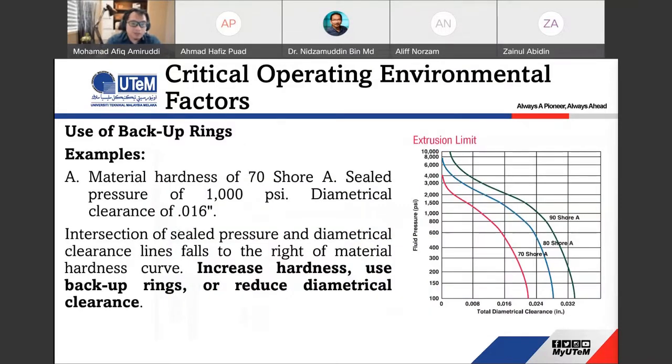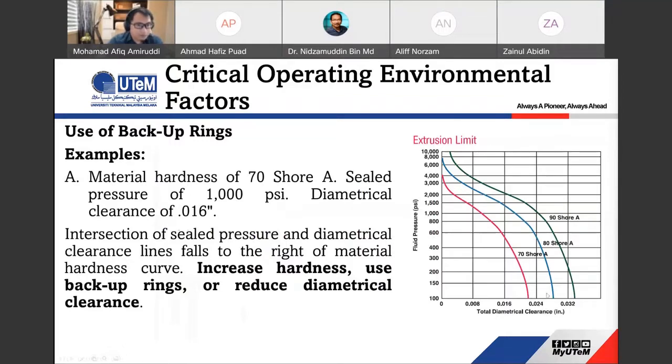In this example, material hardness is 70 Shore A, seal pressure is 1000 psi, and diametrical clearance is 0.016 inch. You can see by using this chart that this is the fluid pressure versus total diametrical clearance.